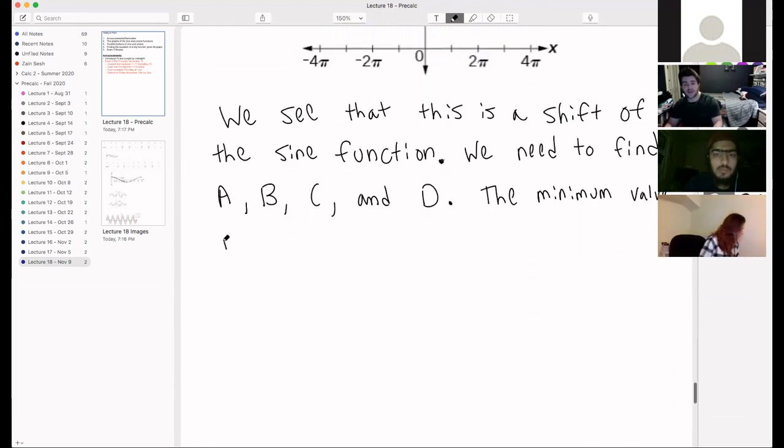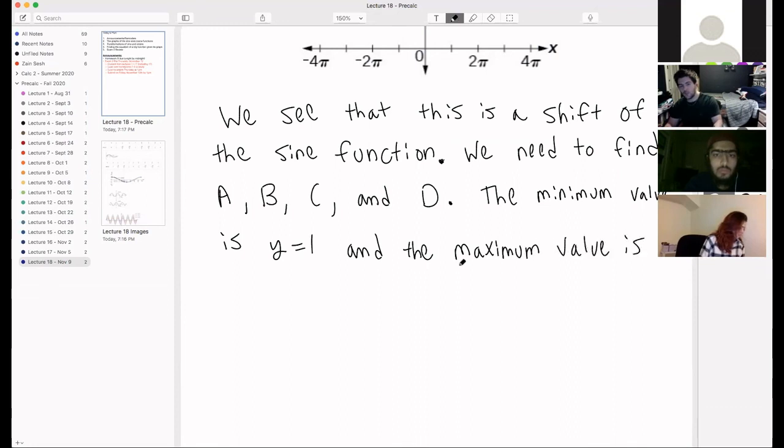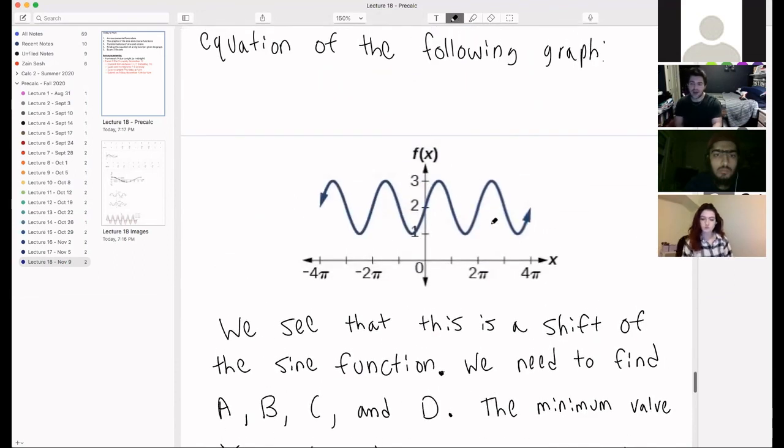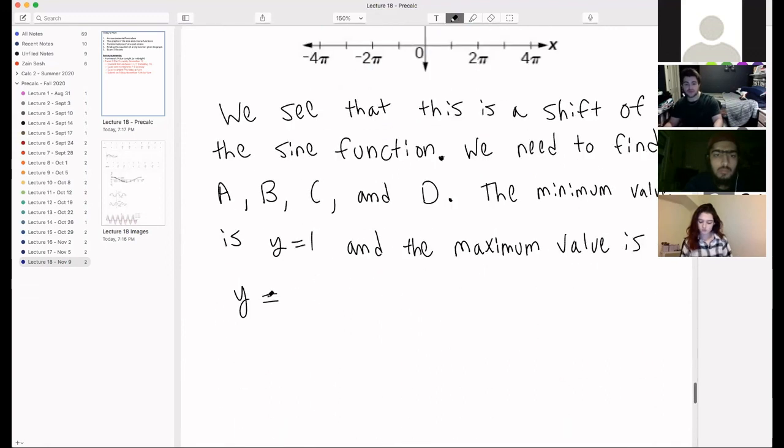So the minimum value is y equals 1, and the maximum value is what? Go to the graph. What's the biggest y value that we're hitting here? It's actually y equals 3.